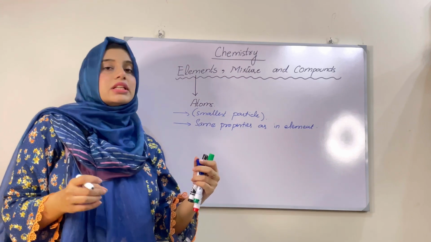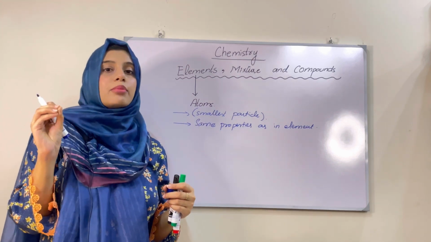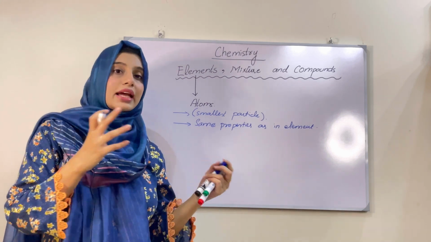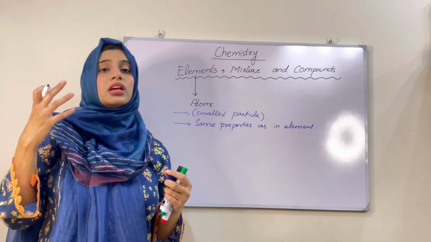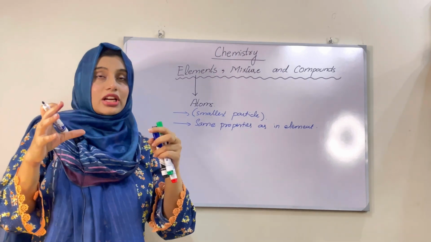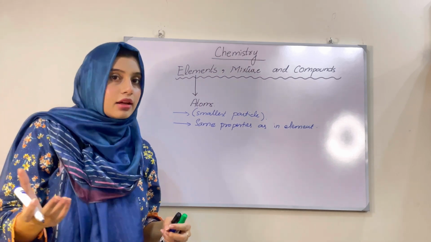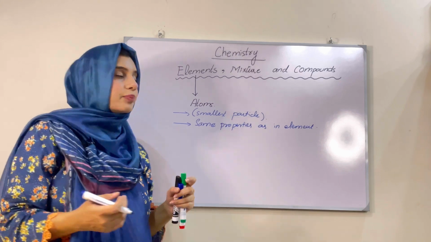Smallest particle means the size is so small that we are not even able to see it with the naked eye, or even with a light microscope. We need a very technical, very precise instrument, one whose least count is very high, to understand the size of an atom.